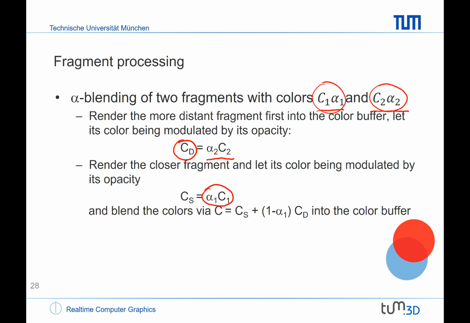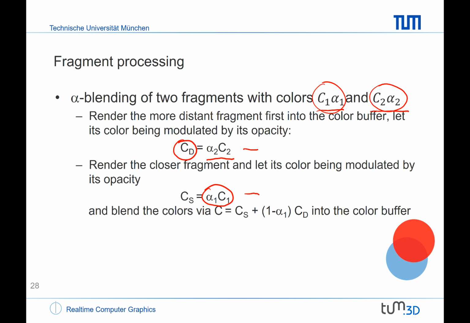Now we have to take care, because something was already rendered into the color buffer coming from the first, the more distant object. Whenever there was something already in the color buffer, the color that comes from the second object now needs to be blended with that color.